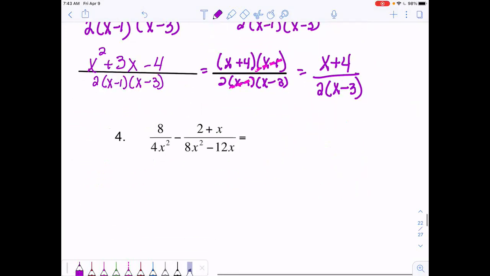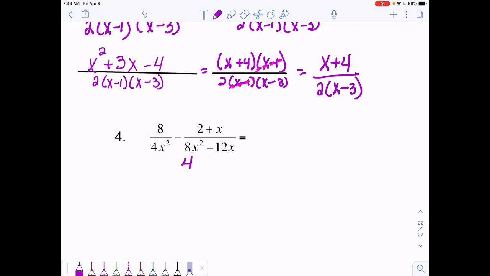Factor first. So we have a 4x squared. That doesn't factor. 8x squared minus 12x. That one needs to factor. Alyssa, what could you take out of 8x squared minus 12x? A 4.